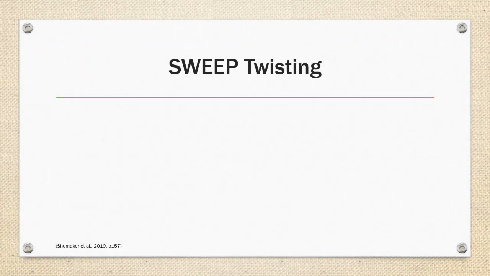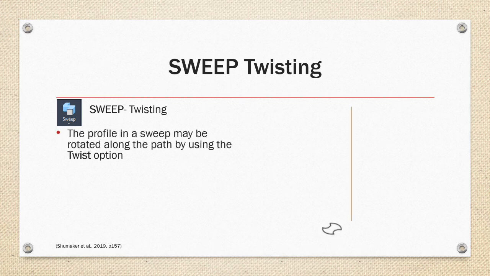Sweep twisting. The final option with the sweep command in AutoCAD we will cover allows the option to introduce a twist as the profile shape travels along the path. The profile in a sweep may be rotated along the path using the twist option. The higher the value, the greater the twist.